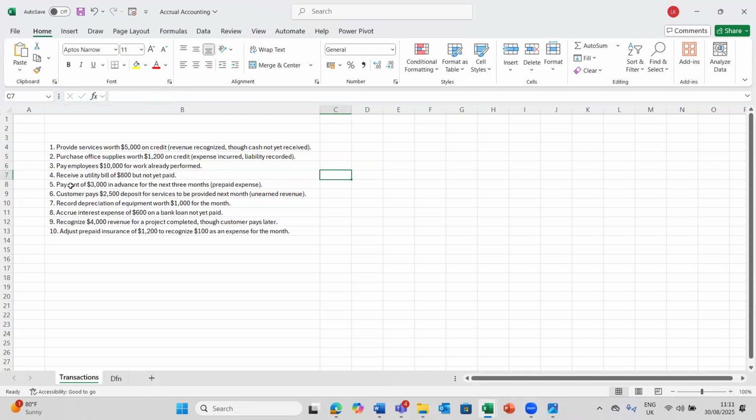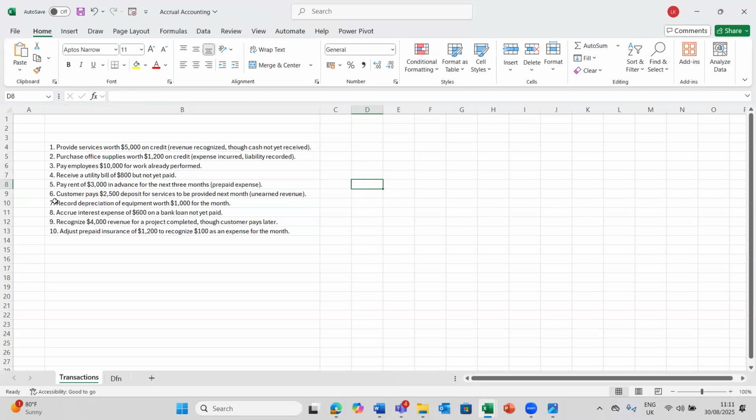The same with when we pay rent of 3,000 in advance for the next 3 months. What we'll do is create a prepaid rent account, and then not expense that until the 3 months have elapsed.